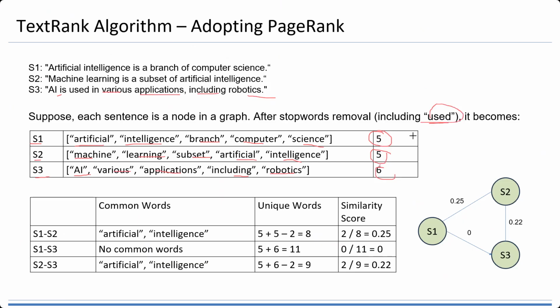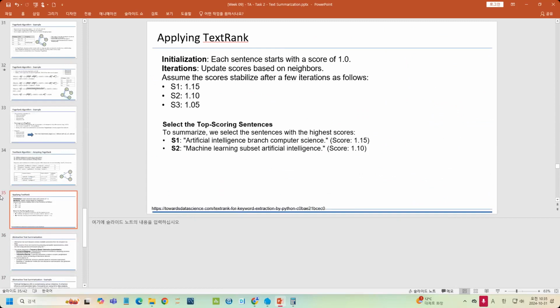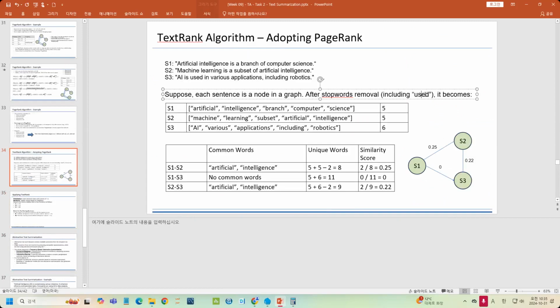Sorry, there is a typo. Let me just use the word "use" here, because this calculation is based on this number 6. So if it includes "use", we have the numbers 1, 2, 3, 4, 5, 6.